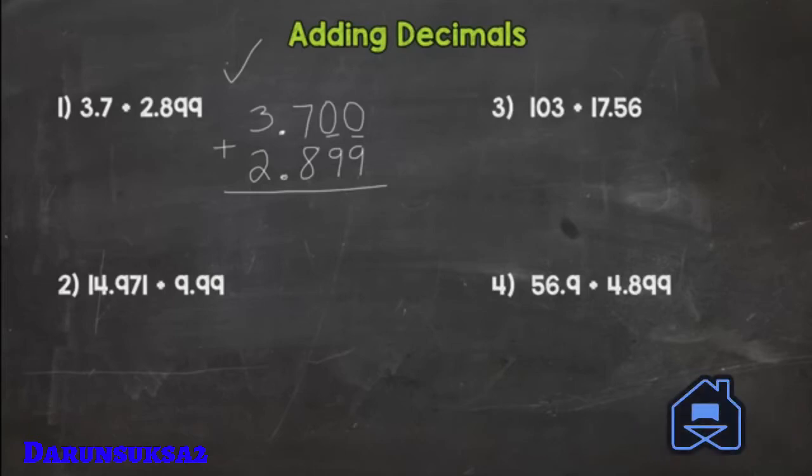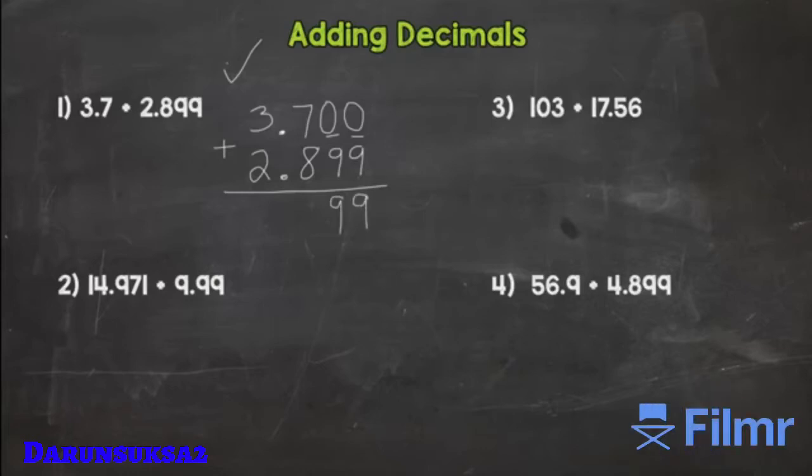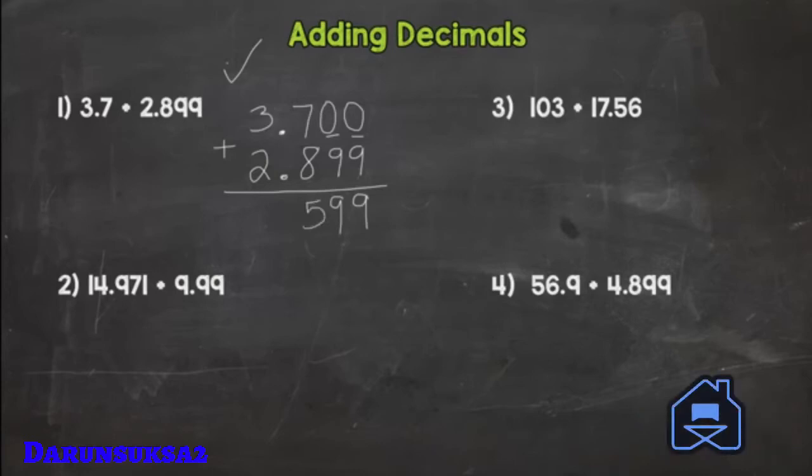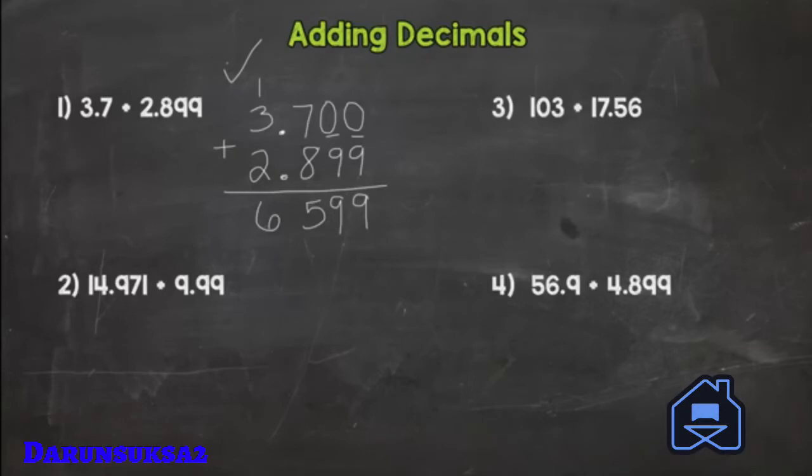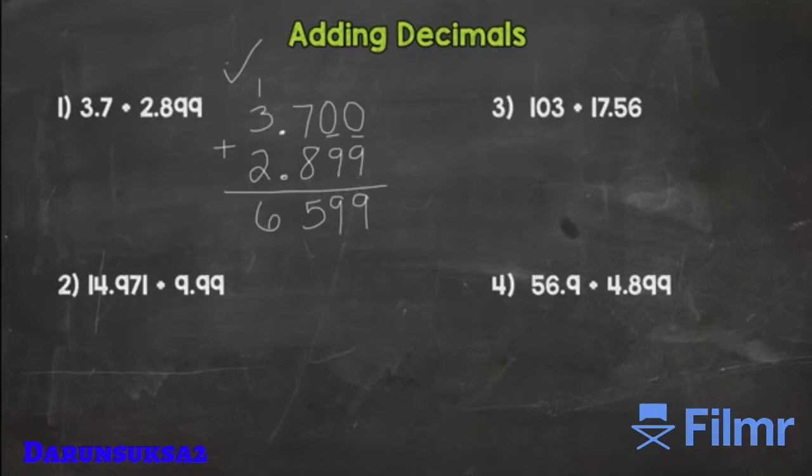So now we just add: 0 plus 9, 9; 0 plus 9, 9; 7 plus 8 is 15; 1 plus 3 is 4, plus 2 is 6. Now we need to place the decimal in the answer. You can either do it as you go through the problem, which I'll do in number 2, or you can do it at the end.